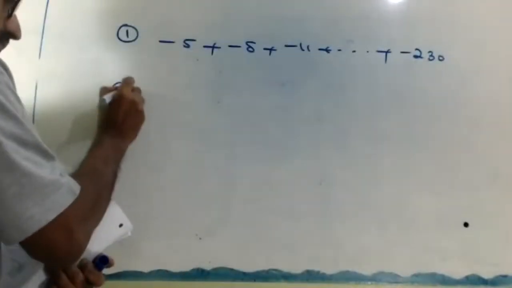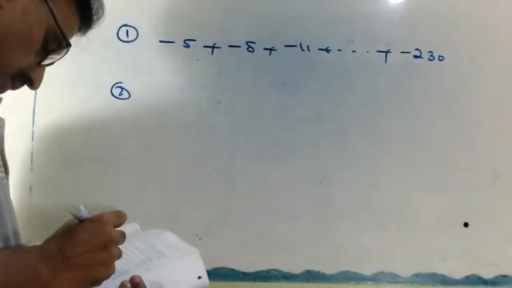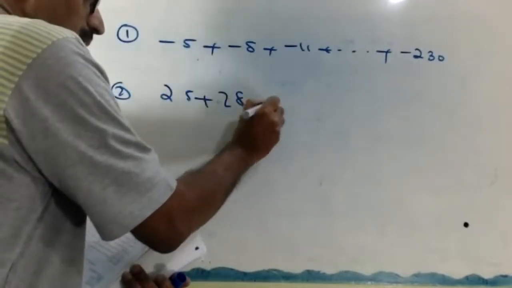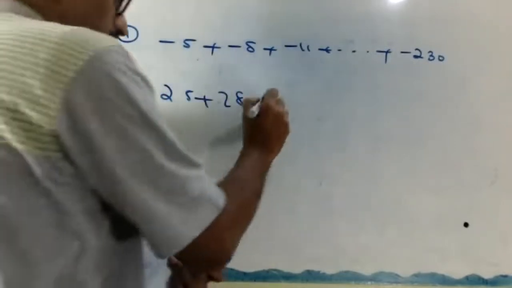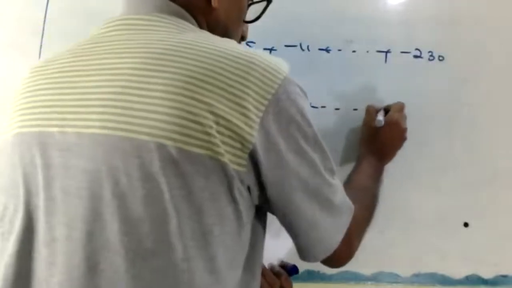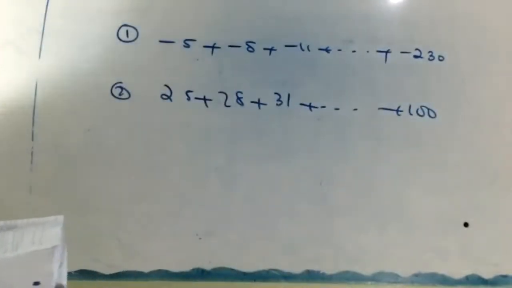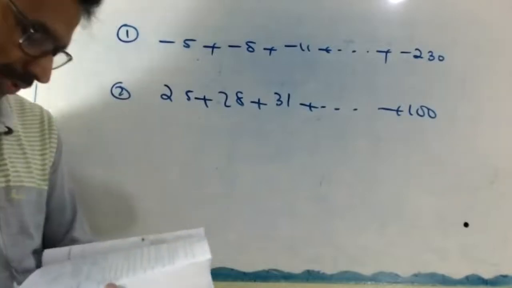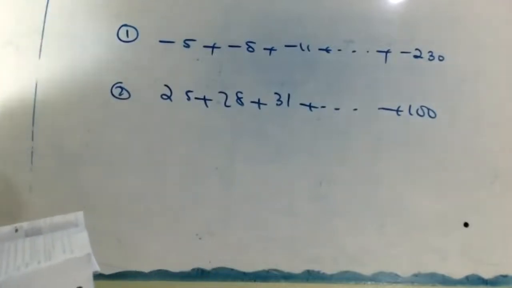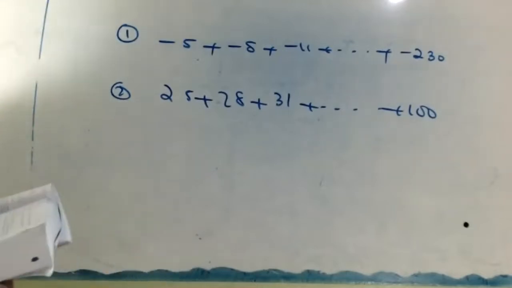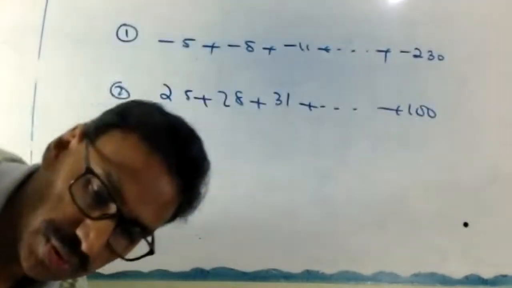Second question. 25 plus 28 plus 31 plus etc. plus 100. First question, -5, -8, -11 plus etc. -230. Try both questions.